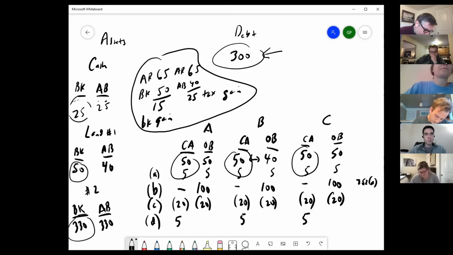So that 10 of built-in gain goes sort of off the top to B. So that 10 of built-in gain goes to B. The 15 of post-contribution gain, the property went from 50 to 65 while it was held by the partnership. That post-contribution gain is shared equally between A, B, and C. So at the end of the day, B gets allocated 15 of tax gain, his 10 pre-contribution gain, and his 5 share of post-contribution gain. And A and C are allocated 5 of post-contribution gain.